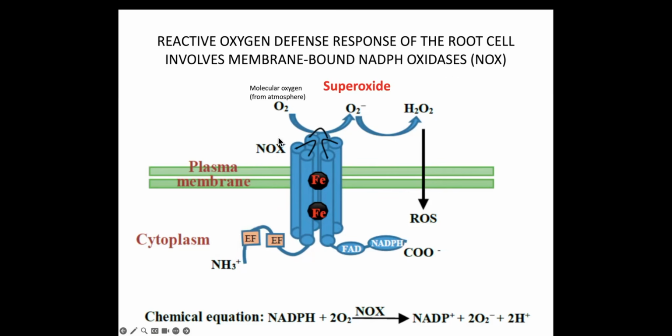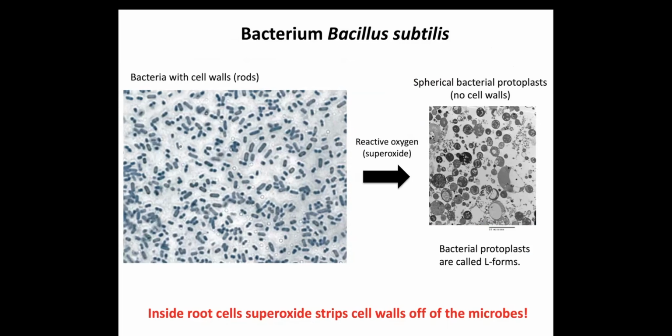These NOX enzymes take oxygen, turn it into superoxide, and the plant cell uses the superoxide to get the nutrients out. And this needs iron, by the way, as a cofactor. So if a plant is deficient in iron, it can't do this either. If a soil is flooded and the plant can't get oxygen, it can't do the rhizophagy cycle. So there are requirements for the rhizophagy cycle to happen.